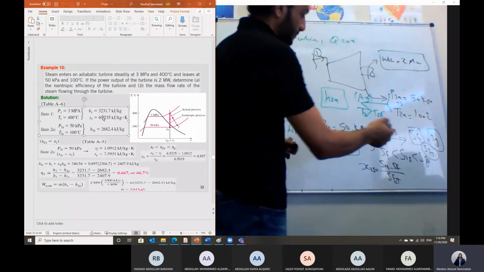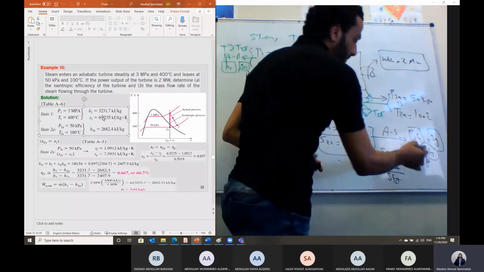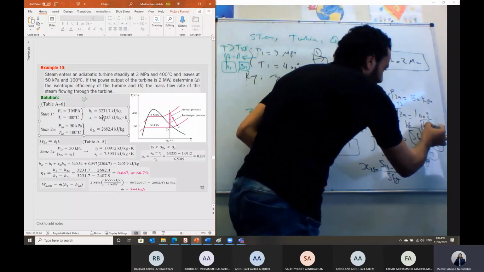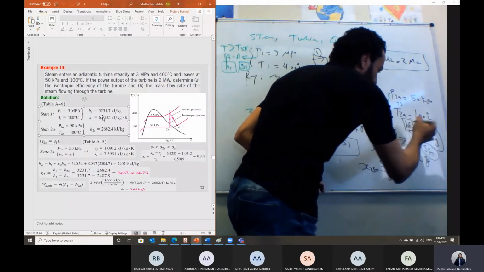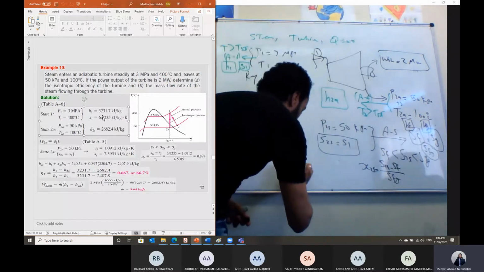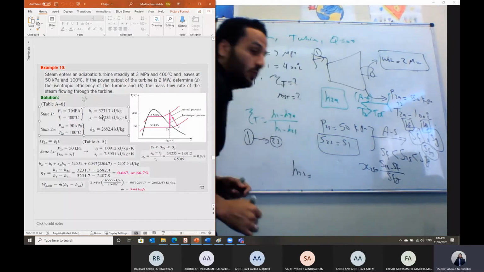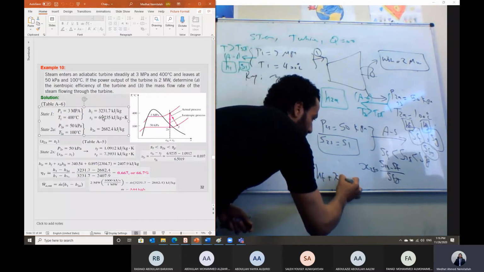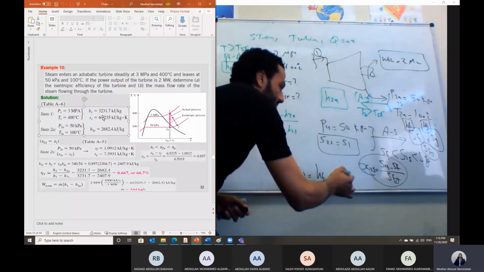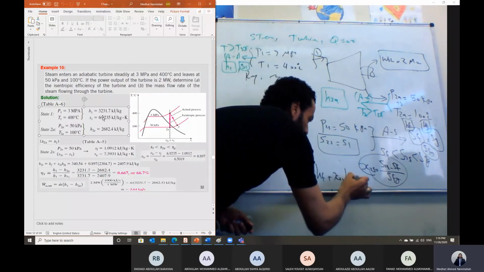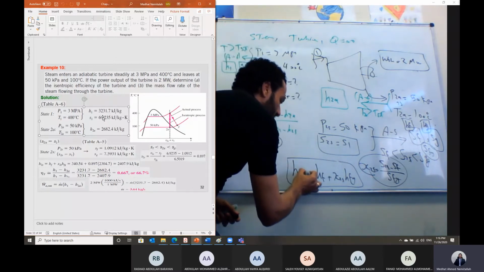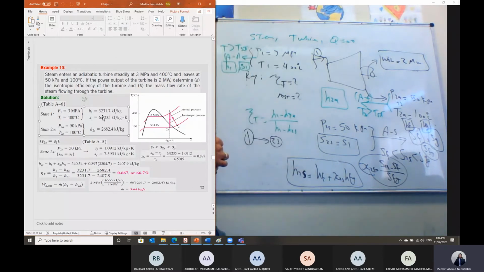So from the table at this pressure, I can get the enthalpy H fluid, and also HFG directly, not H gas. Then H2s, the isentropic exit enthalpy, equals H fluid plus X2s, which we just calculated, multiplied by HFG.